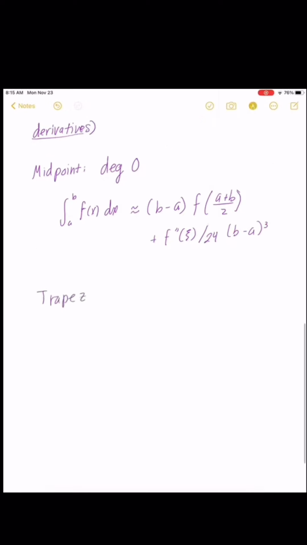Trapezoidal rule. This one is degree 1, and this one is the integral from a to b of f of x dx. Is it approximately? No, it's actually equal, because the error part makes it equal. So we can put equal signs here.